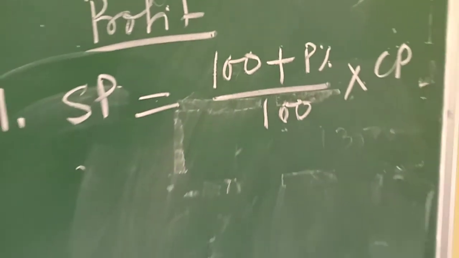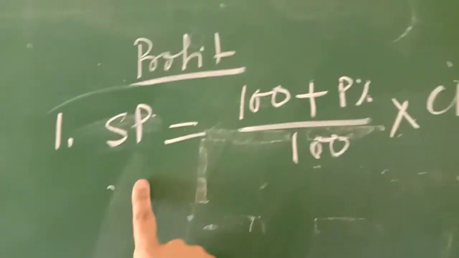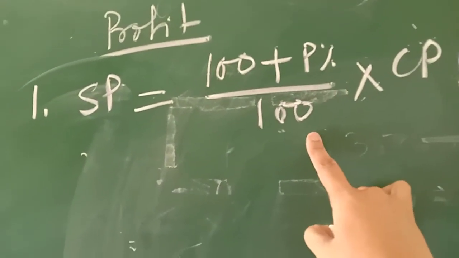This is our first formula to find the selling price of an item when profit percent is given.